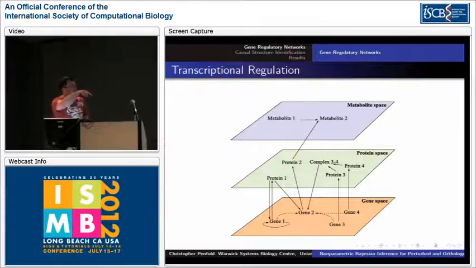So here you have your gene, and your genes can be transcribed into mRNA, and then this mRNA can be translated into proteins. Some of these proteins are involved in changing the metabolites, and others can form complexes, etc., or bind on their own to the promoter regions of the gene. And in this way, they influence the expression of that gene.